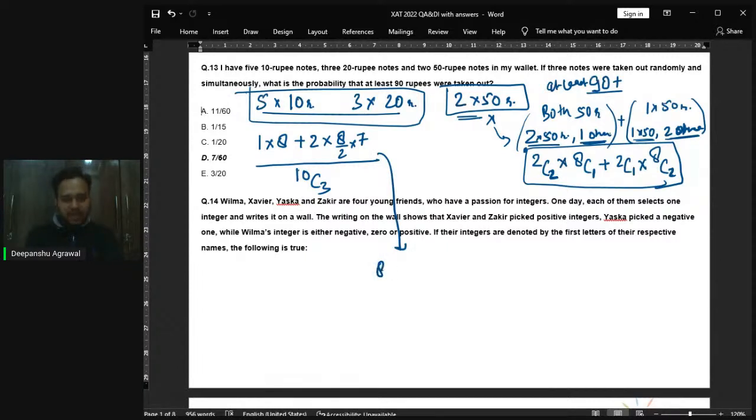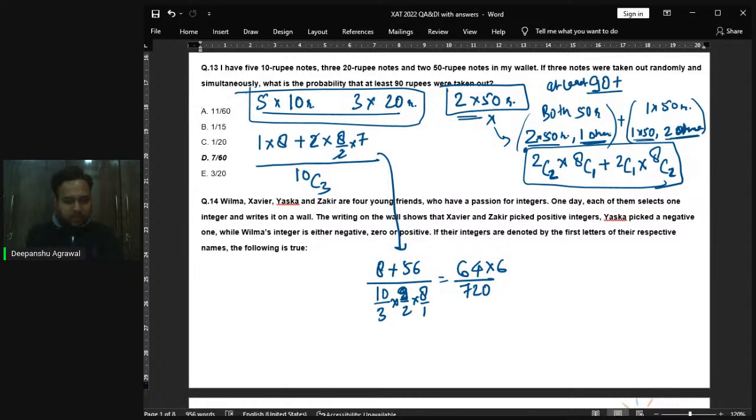Now we should solve this. So this would be 8 plus 8 into 7 is 56, divided by 10C3. So that would be 10 by 3 into 9 by 2 into 8 by 1. Right. So that would be 8 plus 56 would be 64, and 64 into 6 would be there, and in the denominator it would be 720.